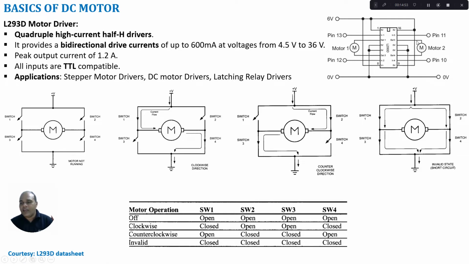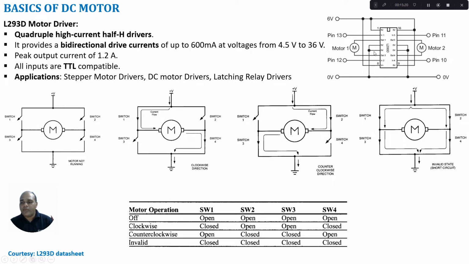Same way, the second motor can be interfaced with the L293D IC and controlled through the lines from the microcontroller, pin number 10 and pin number 11. The same principle is applicable here. So 0, 1 will make motor 2 rotate in one direction, 1, 0 will make the motor rotate in the opposite direction.